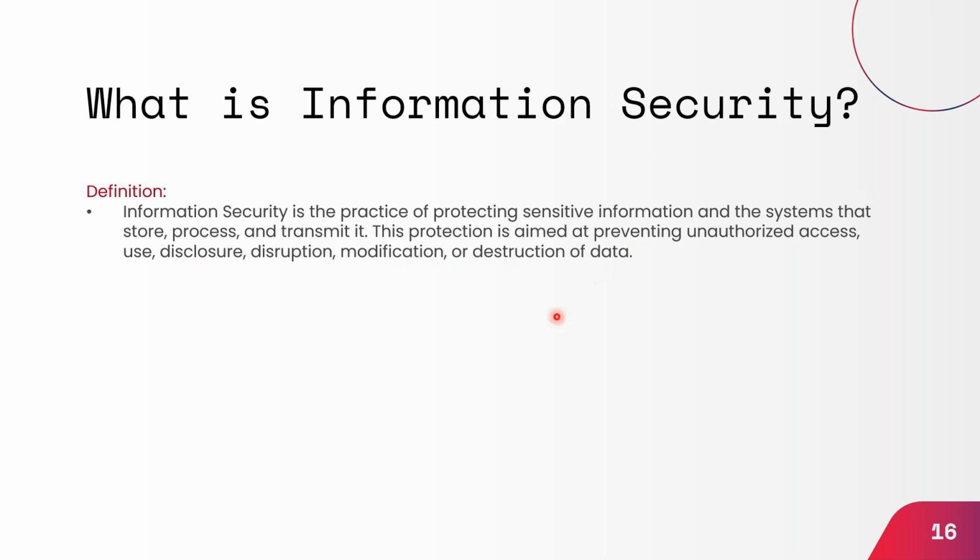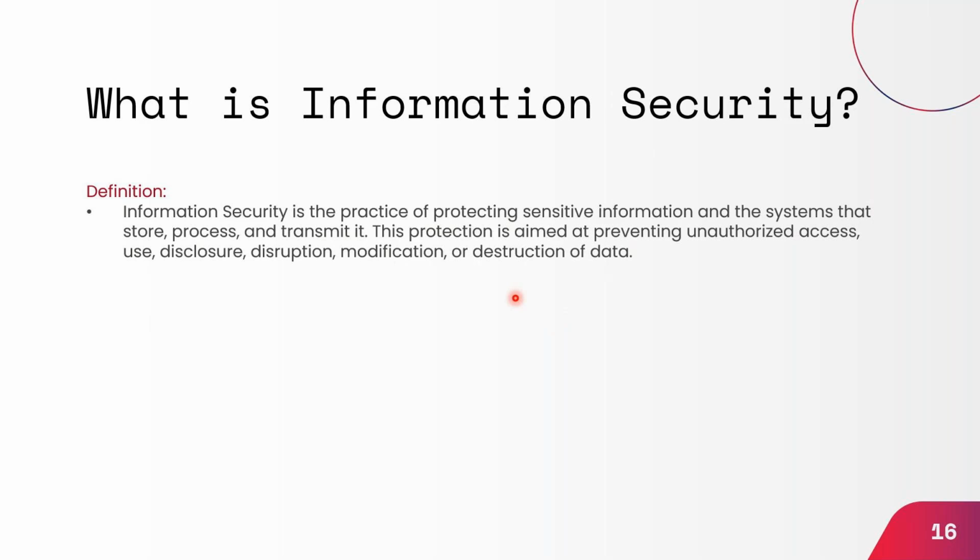So usually data will be in three different stages, right? First is stored. We call it at rest, which is maybe stored in your laptop, server, or database. Process: when you're using it, it will be in the RAM. Transit: when you're sending it from one place to another, it will be in transit.